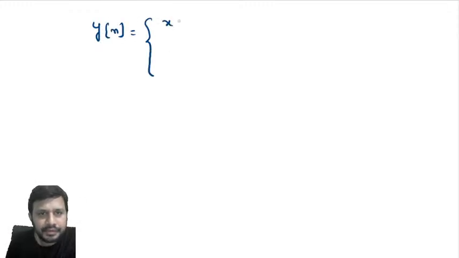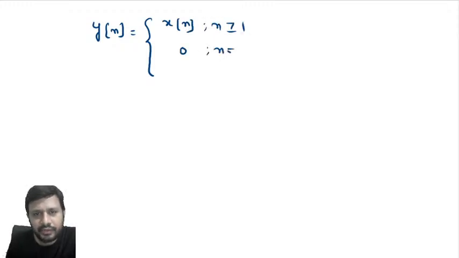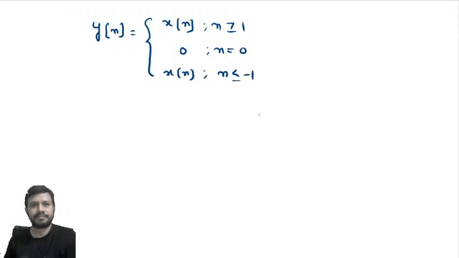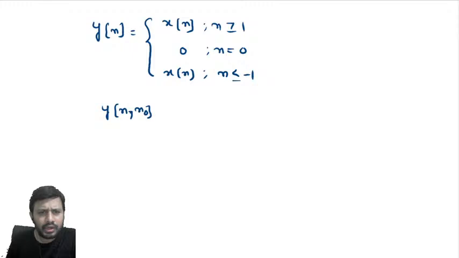It is x of n for n greater than or equal to 1 and it is 0 at n is equal to 0, and x of n for n less than or equal to -1, right? Input delay, delay only the input.